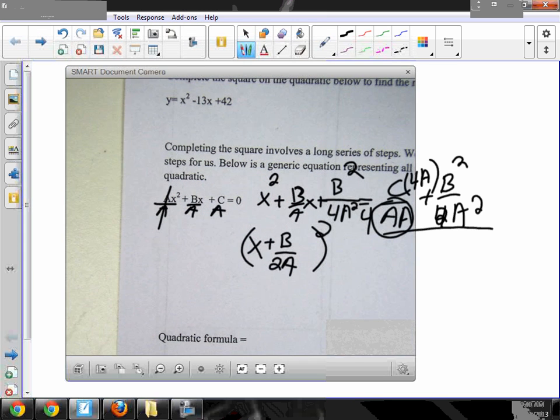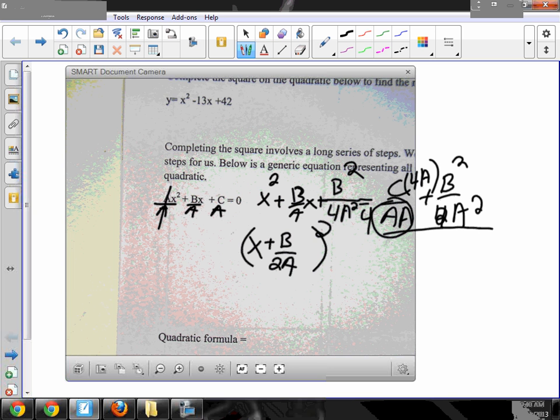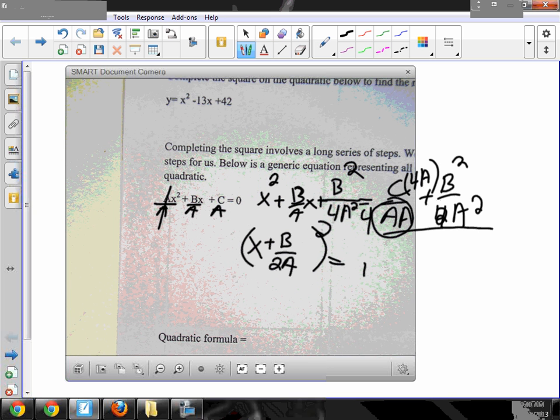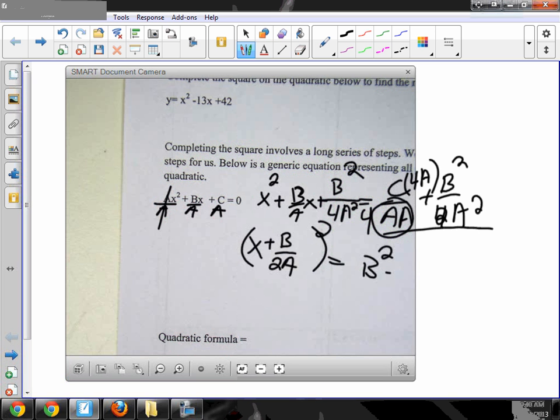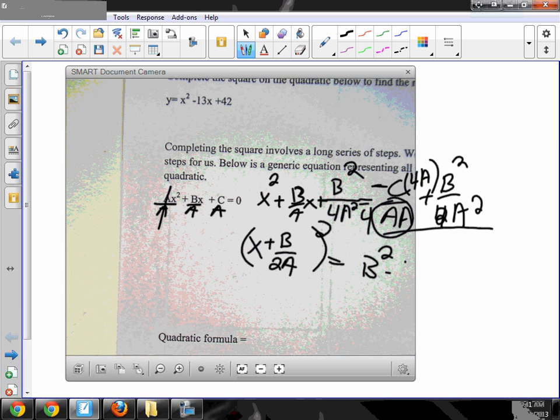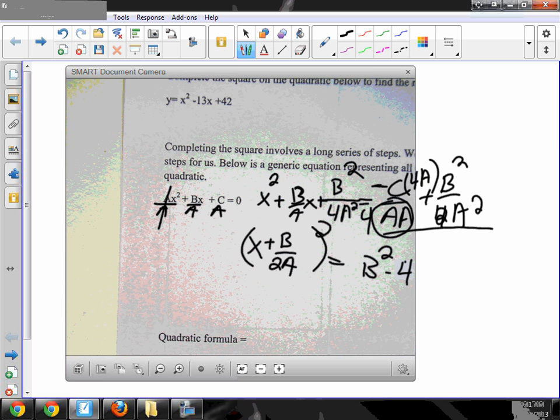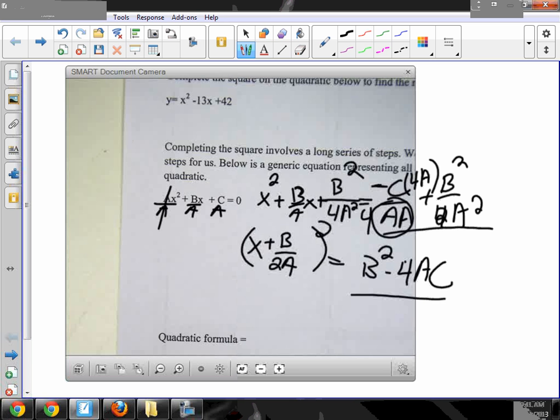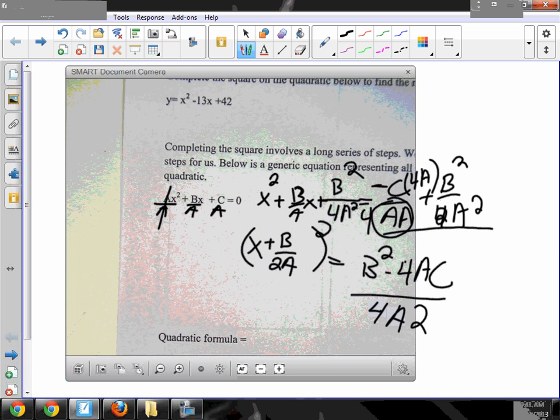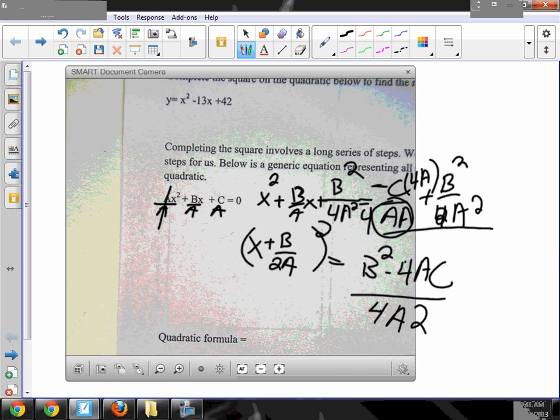And just for simplicity's sake, I'm going to flip them around. So I get x plus b over 2a squared equals b squared minus, sorry, that's a negative c, minus 4ac over 4a squared. Hang on, we're almost done.